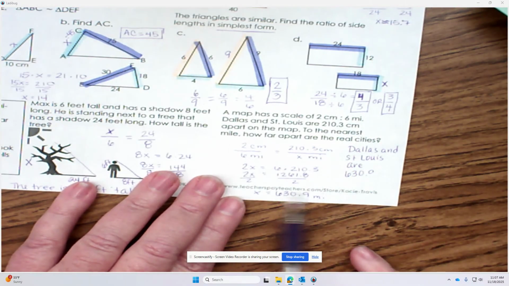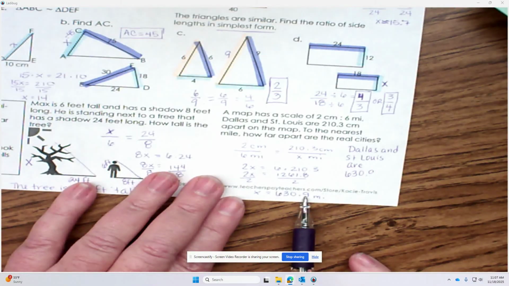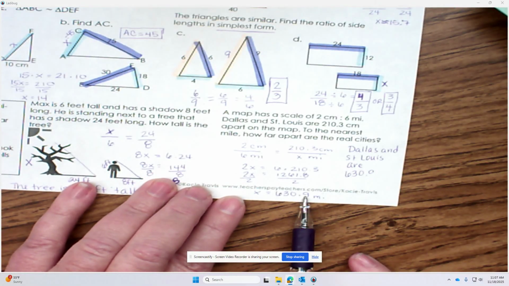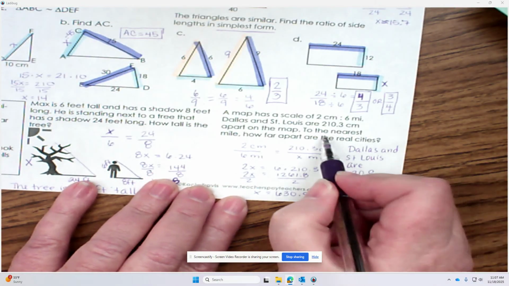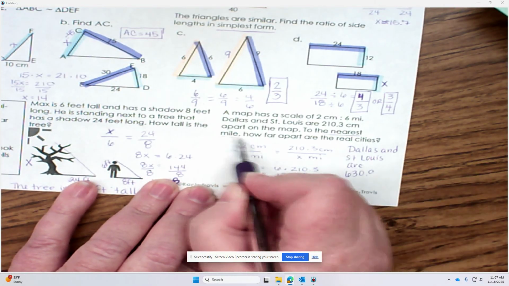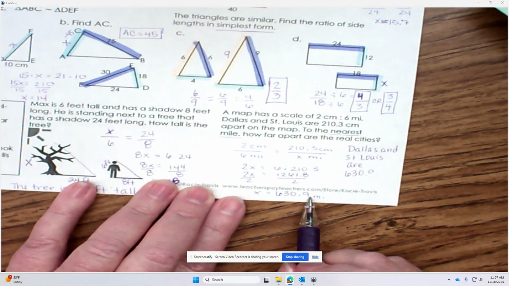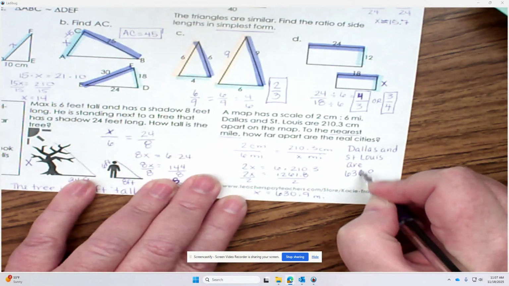Oh, they wanted us to round it. Good thing we caught that because that would be wrong on a computer program. It says to the nearest mile, so that's the whole number. So this is 0.9. So I'm going to round up here because 5 and up says to go up. So that's actually, they want 631.